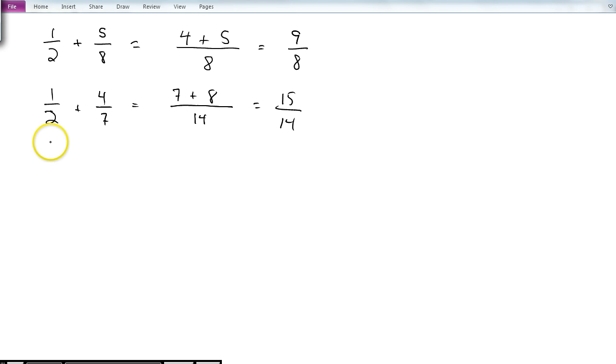Okay, let's skip to one in which the pair is not relatively prime, much like 2 and 8, but in this case, 1/4 plus 5/6. Well, these numbers are not relatively prime. They share the factor of 2, which means that their product is going to be twice the size that it needs to be. If I multiply the 4 and the 6 together, the factor of 2 is going to be repeated.